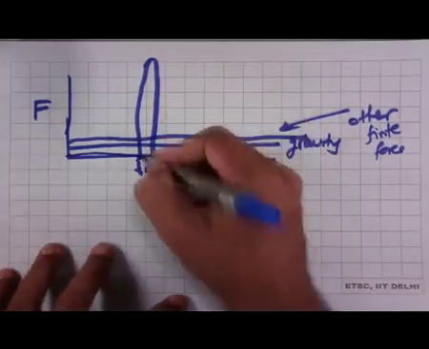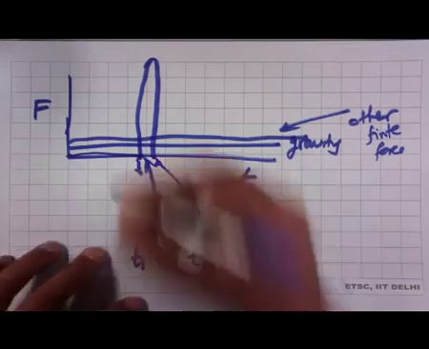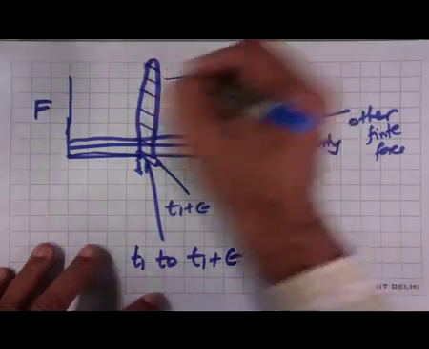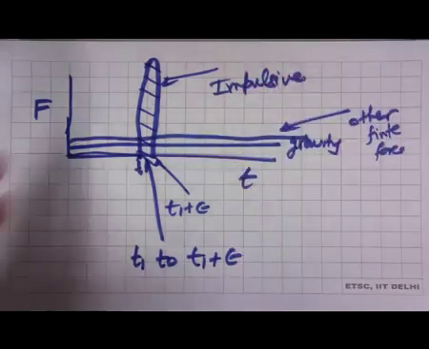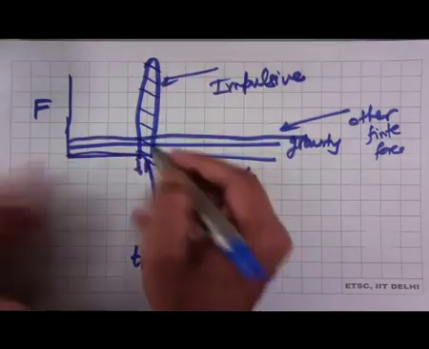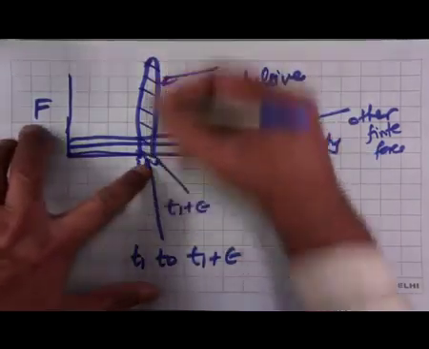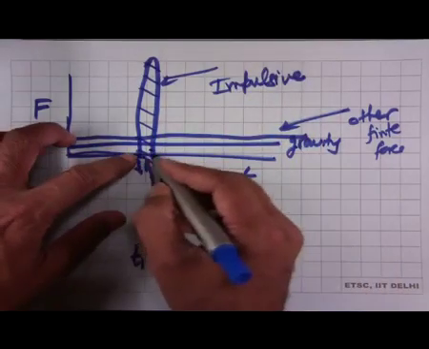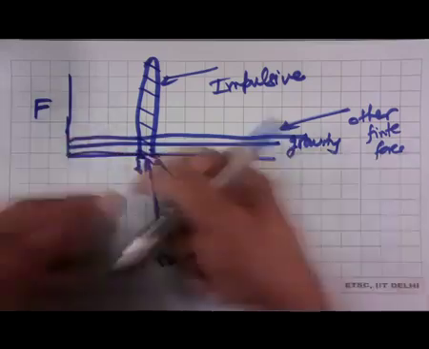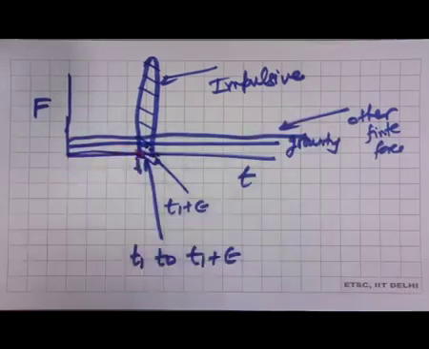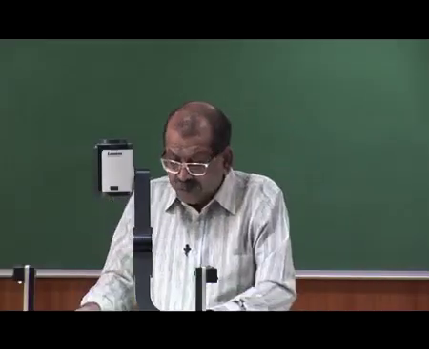So, what we are saying is during this time period from t1 to t1 plus epsilon, only the effect of the impulsive force is counted. We do not count the other effect, and this is very clear that if we look at the change in momentum, it is due to impulse. So, this area will be much larger during this interval epsilon than the areas by gravity and all, and as epsilon goes to 0, the impulse from these other forces will go to 0. So, therefore, we just use this.